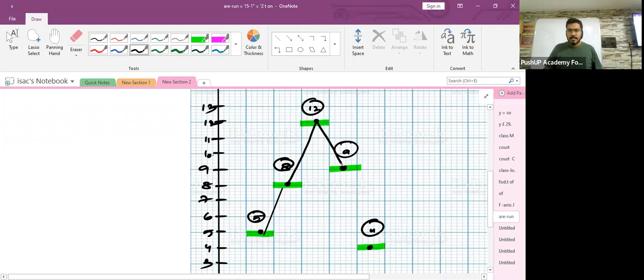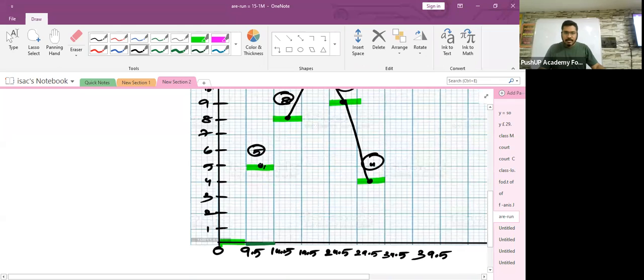Like this, like this, like this. Connected everything. Started at 6. Yeah, connected. Children, have we prepared the polygon?